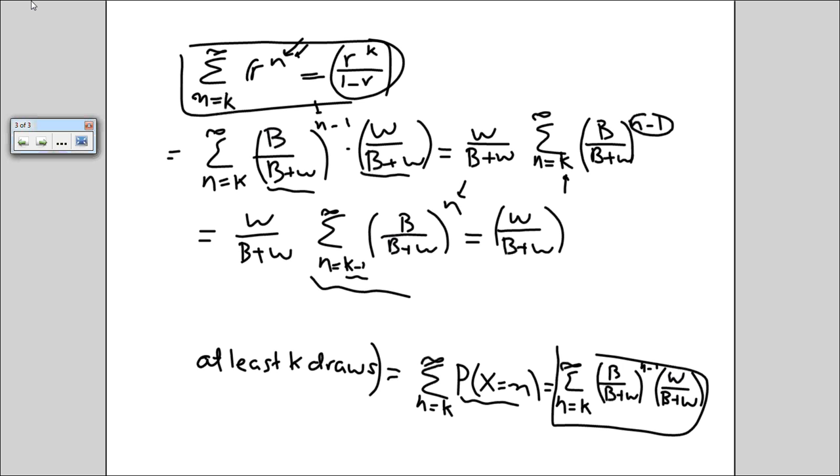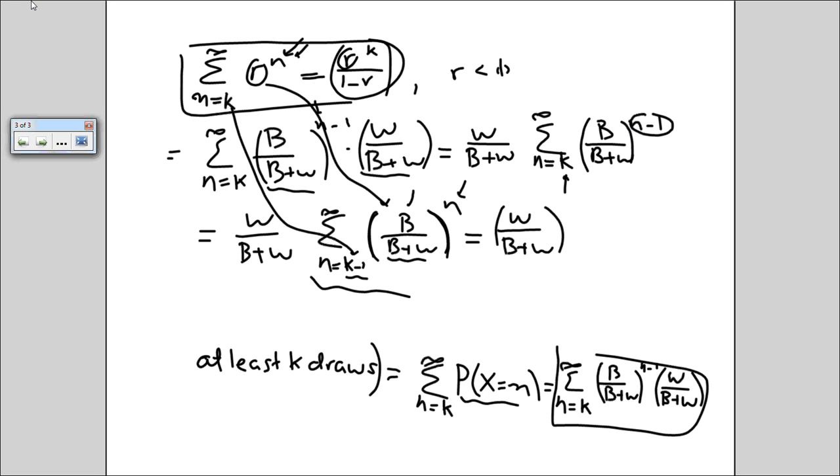Now, r is now b over b plus w. And just for the record, r had to be less than 1. Well, the numerator is b, and the bottom is more than b. It's b plus w. As you know, if the denominator is bigger than the numerator, you're less than 1. Now, the big difference here is instead of k, we have k minus 1.